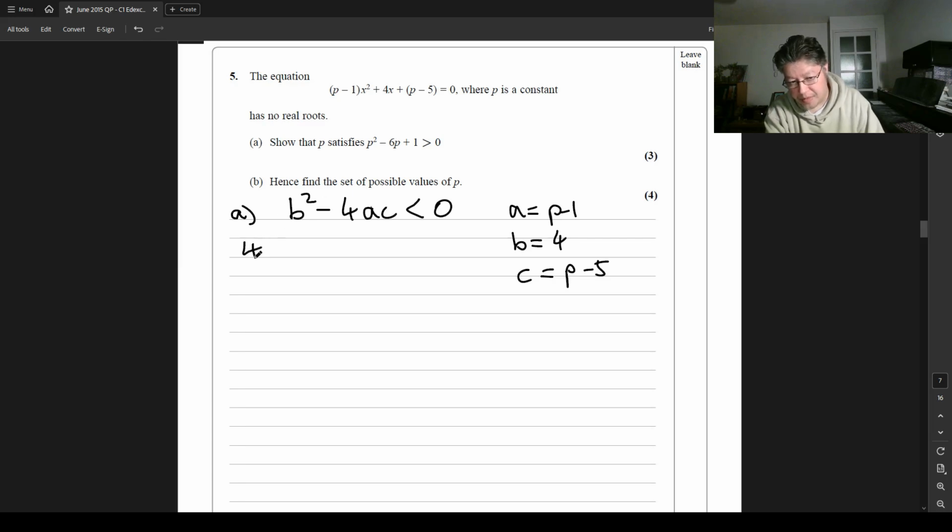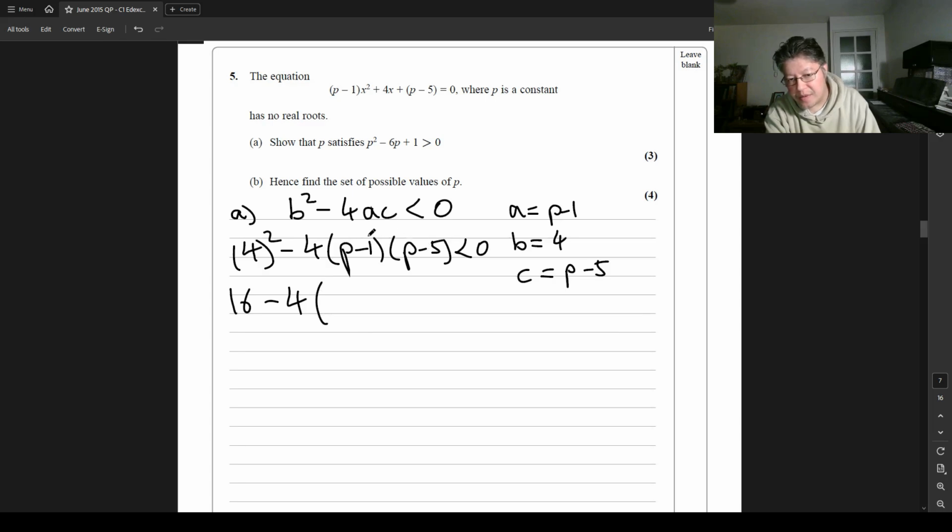So b squared minus 4 times a times c, and that's less than 0, and then we just have to solve this inequality. It should be a quadratic inequality, so let's expand everything first. So 16 minus 4, and we'll just expand this.